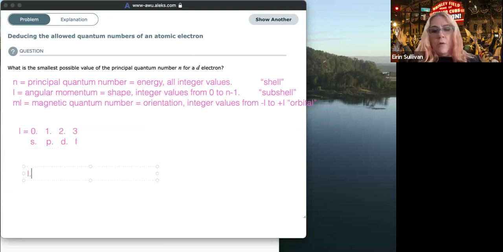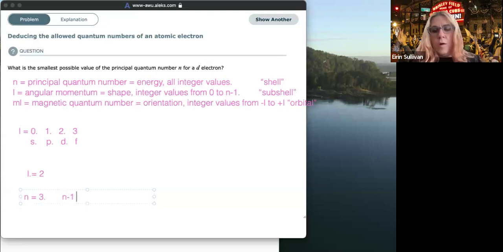So if L equals 2, it is asking what the smallest possible value of n could possibly be. Well, L equals 2 can only exist if n equals 3, because the highest possible value of L is n minus 1, okay?